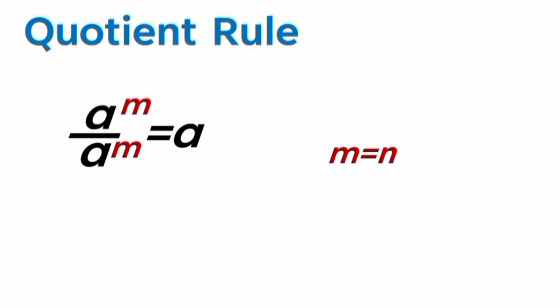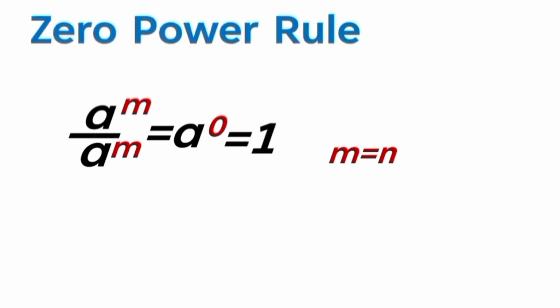So it becomes a to the power m minus m, or a to the power 0. And dividing the same number with the same power is equal to 1. This is now the zero power rule derived from the quotient rule.